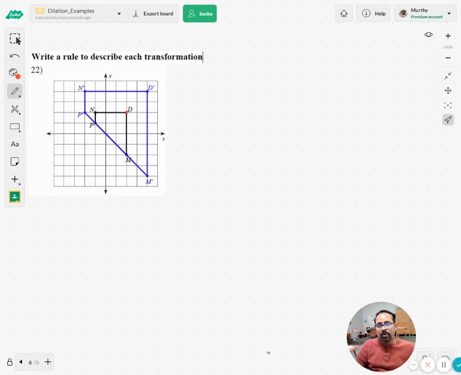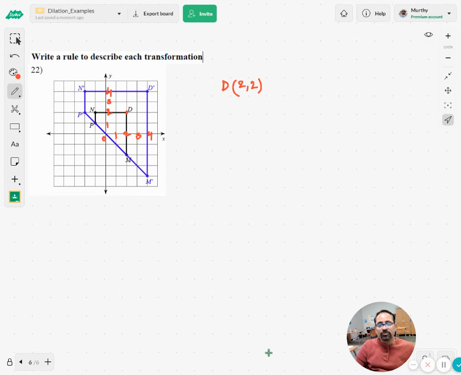So let me take point D. I see that it is in the first quadrant. I see that this is 0, 1, 2, 3, 4, and this is 1, 2, 3, 4. So point D's x value is 2 and y value is 2.